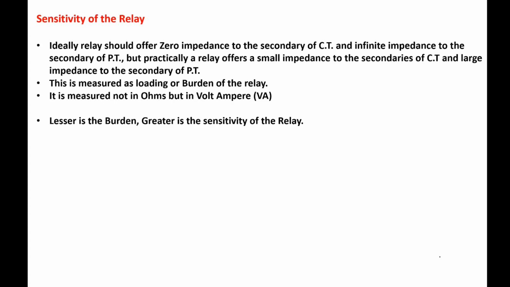Likewise, the voltmeter should only measure the voltage, but it should not disturb the circuit. For that, the voltmeter should have infinite parallel impedance. Even in protection circuits, ideally the CT secondary should have zero impedance, and the PT secondary should offer infinite impedance.